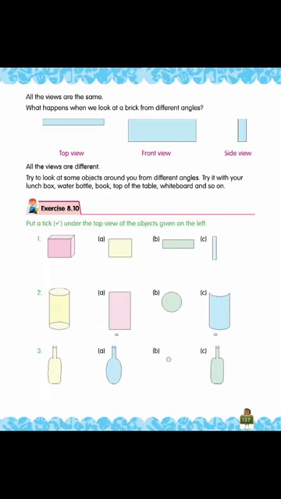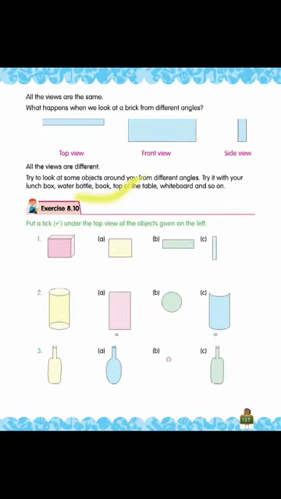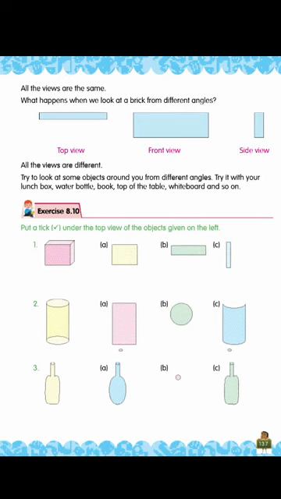And all the views are different. Try to look at some objects around you from different angles. For example, lunchbox, water bottle, book, top of the table and whiteboard, and so on. And observe how they look.